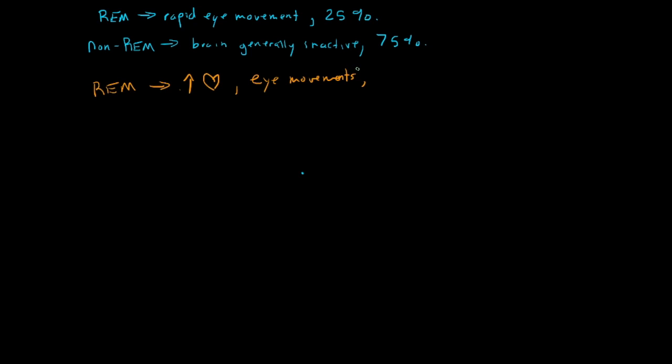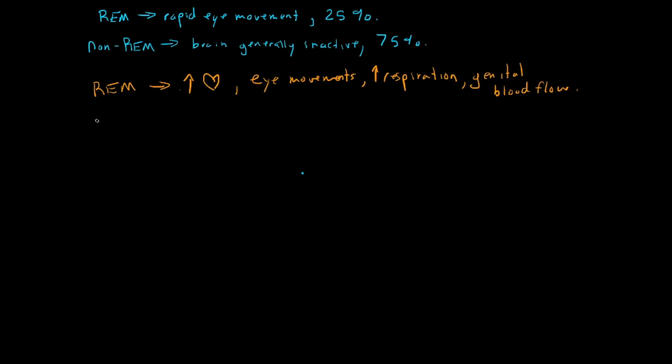You would also have an increased respiration rate. You would also have increased blood flow to the genitals. So males would have penile erection and females would have clitoral stimulation. So I'm going to put genital blood flow.